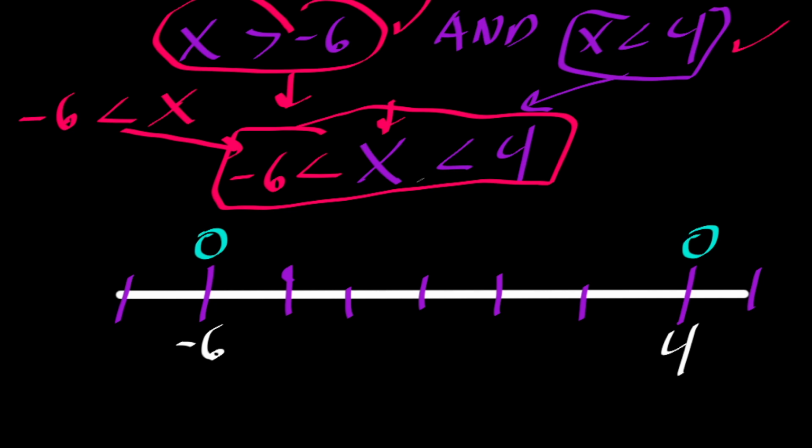Same thing for 4. Now, if my answers are in between -6 and 4, that means all these values in between -6 and 4 are the answer. So I like to really memorize it that way to give myself a hint that this graph is going to connect, because all these values in between -6 and 4 are going to be the solution to this problem. So now let me give you one that's already set up, just so you can see it.